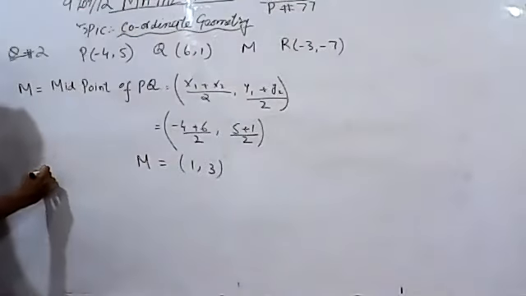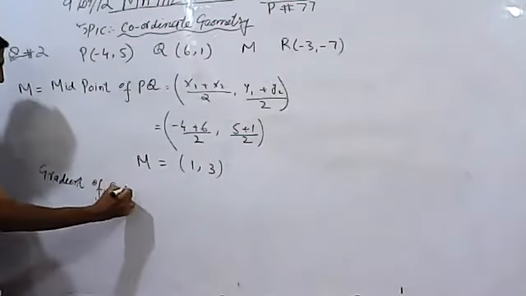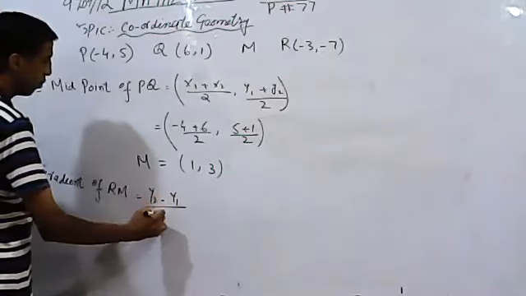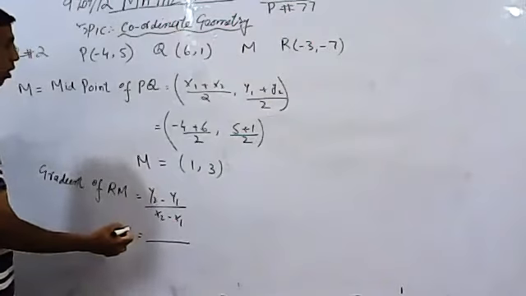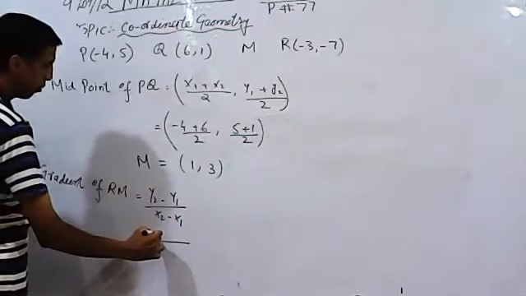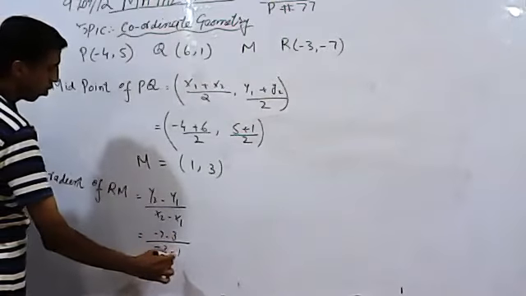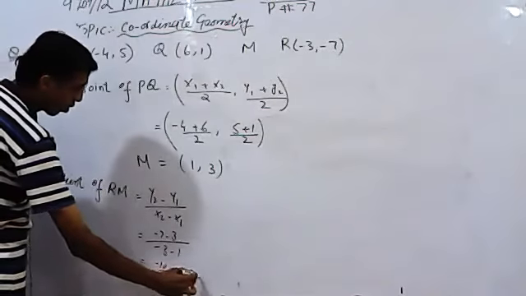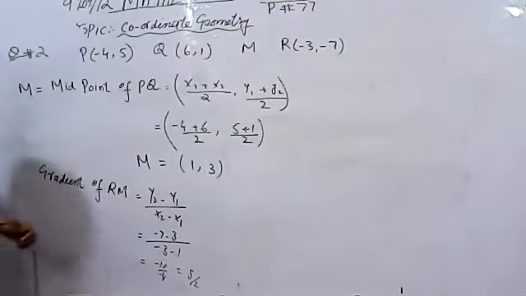So get the gradient of RM. Now, the gradient of RM is 5 by 2. Now we have to get the gradient of PQ.